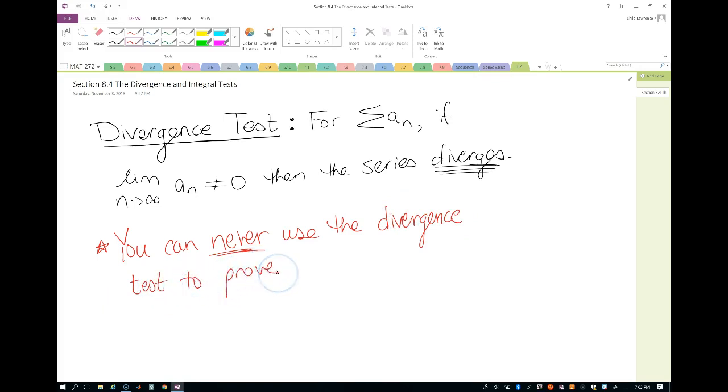So the divergence test is just a simple limit question. And anytime we see a series and we know how to find the limit for the values that we are adding, we could use this test.